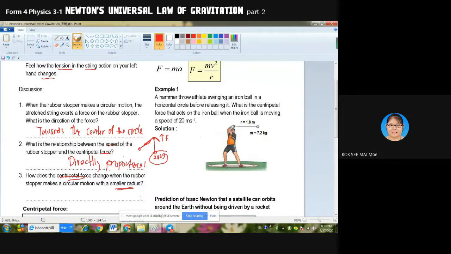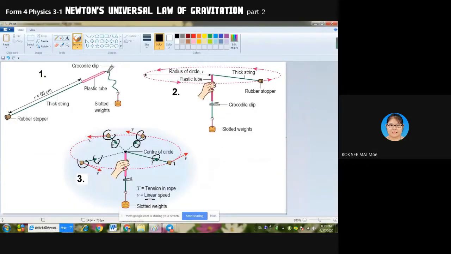Okay, now how does the centripetal force change when the rubber stopper makes the circular motion? Again, I'll let you see the diagram again. Now constant. This one is the tension, which means centripetal force. Tension.